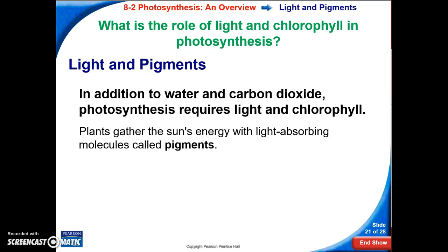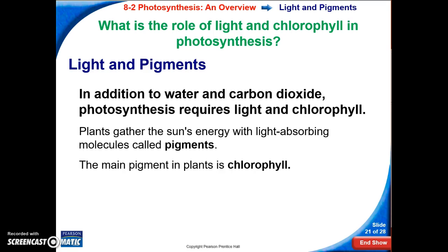Chlorophyll is called a pigment, and there are actually two types of chlorophyll that we find in plant leaves. Plant leaves is where photosynthesis is going to be occurring because that's where the chloroplast is located in those plant cells. And within the chloroplast, we have what's called chlorophyll.